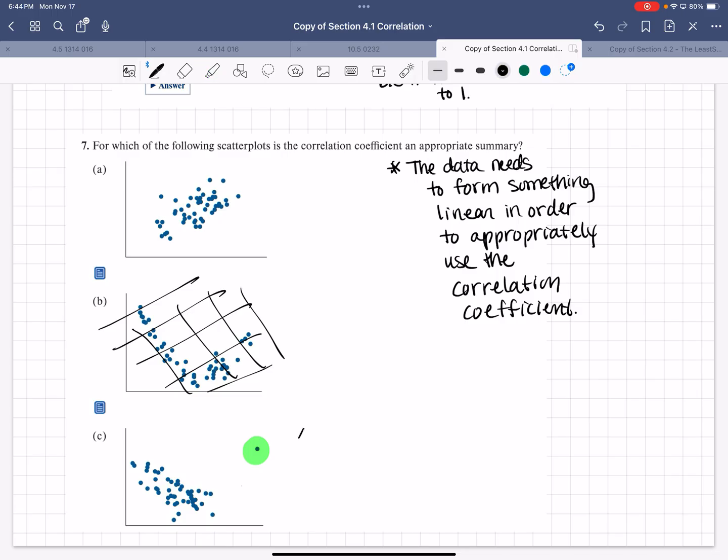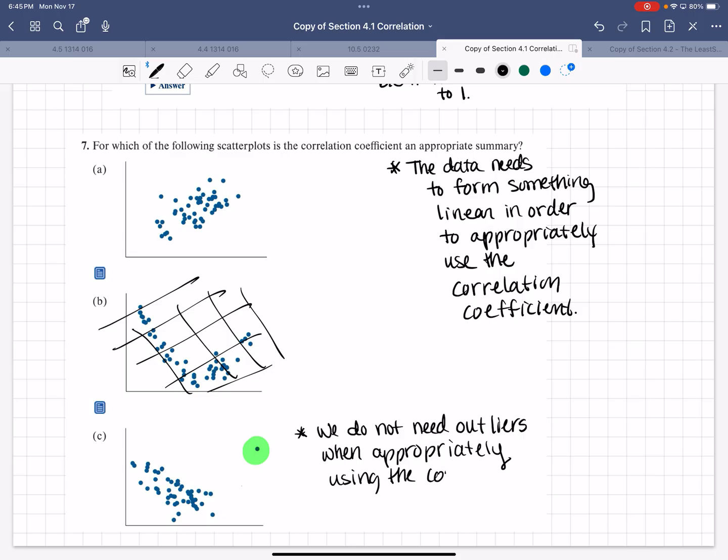So, we do not need outliers when appropriately using the correlation coefficient.